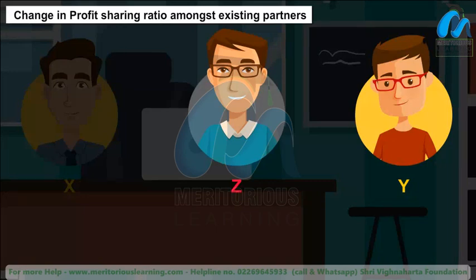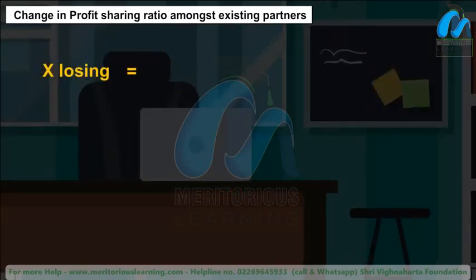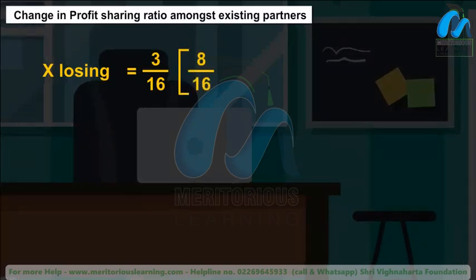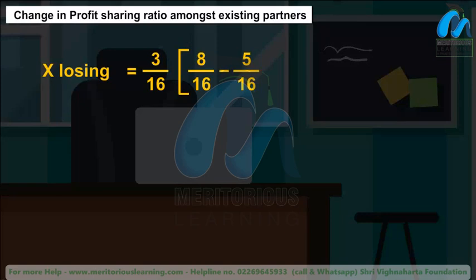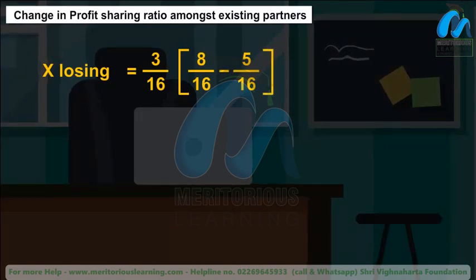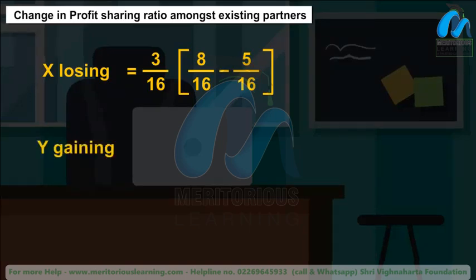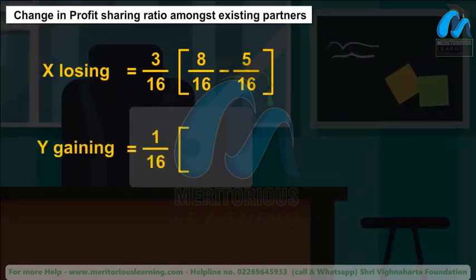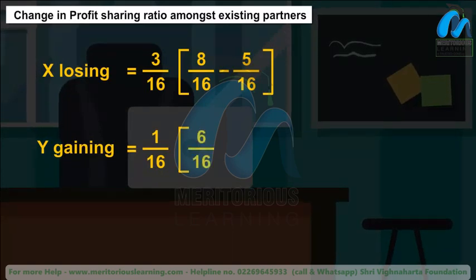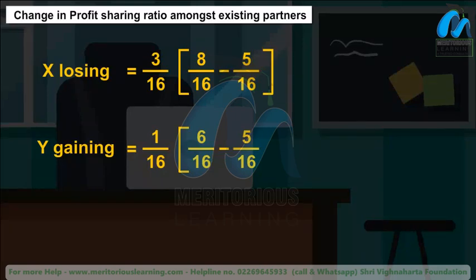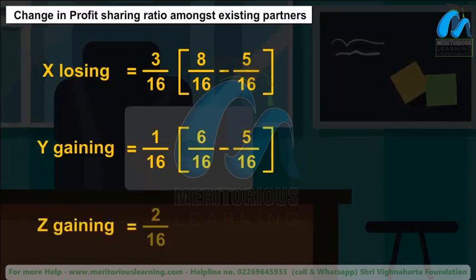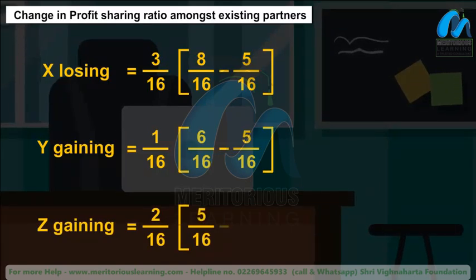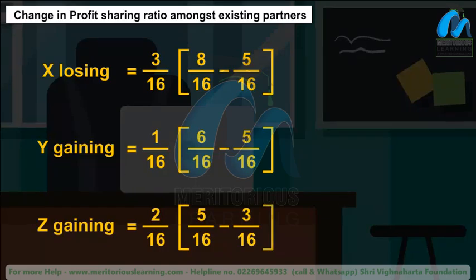This results in X losing 3/16, that is 8/16 minus 5/16, share in profits, while Y and Z gain 1/16, that is 6/16 minus 5/16, and 2/16, that is 5/16 minus 3/16.